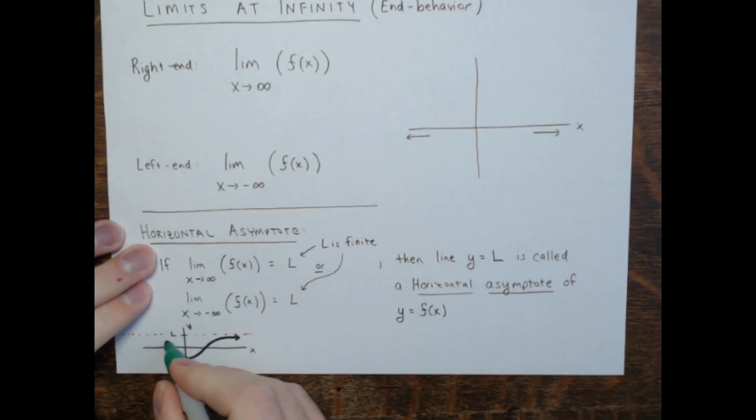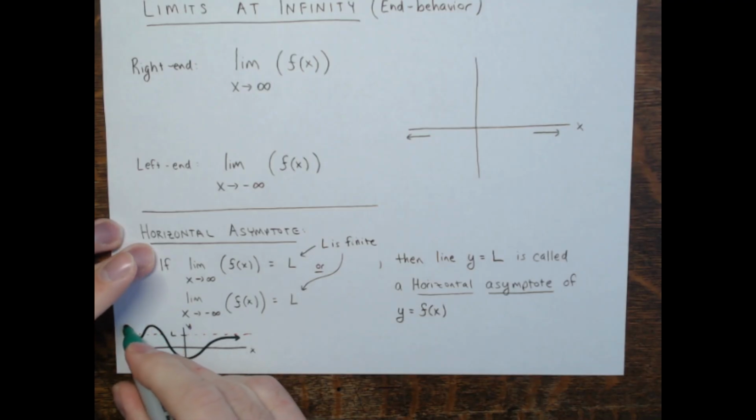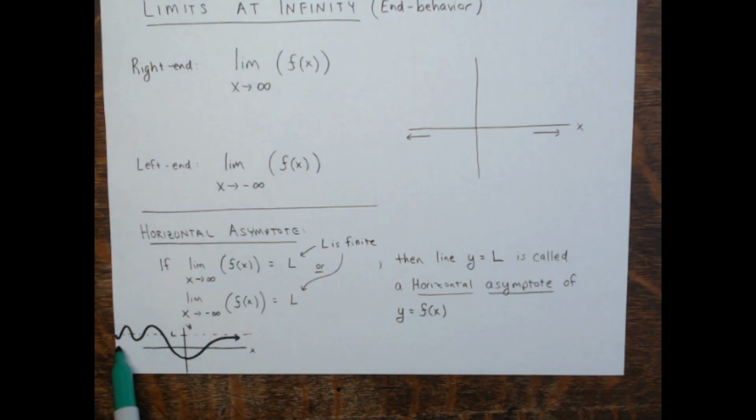And maybe to the far left, it's doing this. So one note I'll make, maybe I'll pull up another page here. As long as one end is approaching a horizontal line, you got a horizontal asymptote, right? And there are two ends, right and left end.